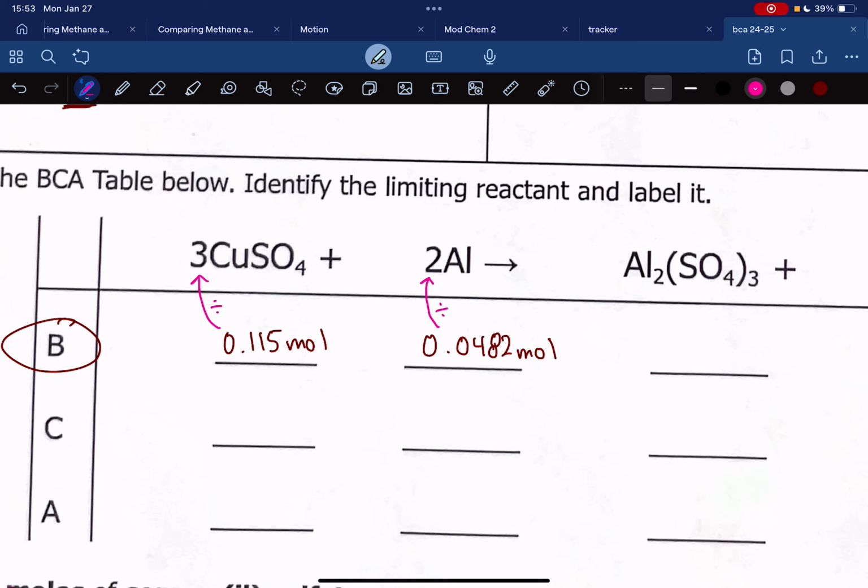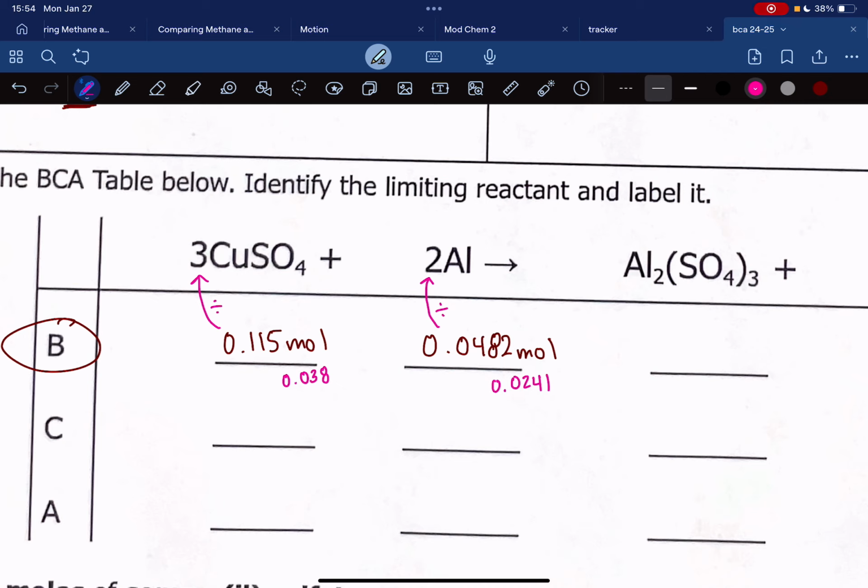So my 0.115 divided by 3 gives me 0.038. And the answer to this other question, 0.0482 divided by 2, gives me 0.0241.